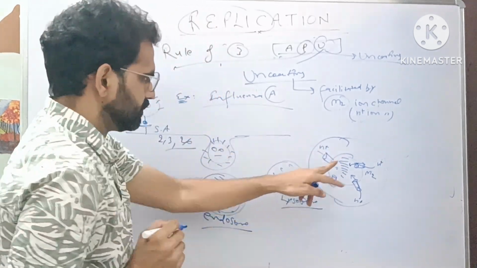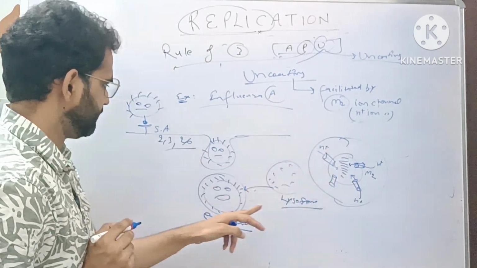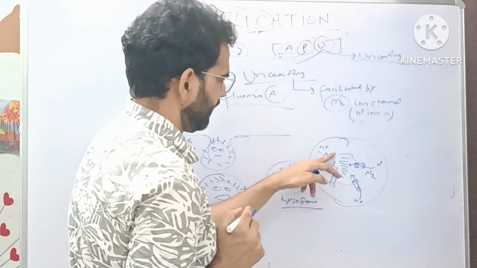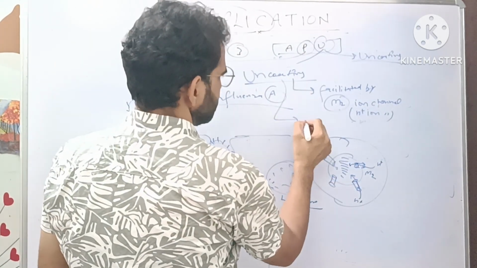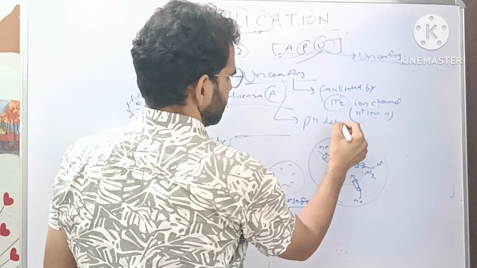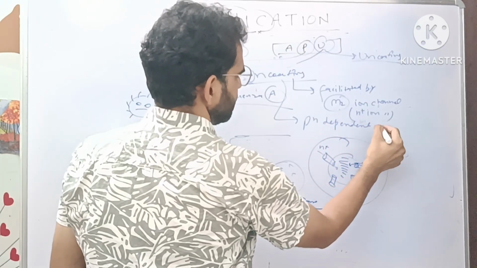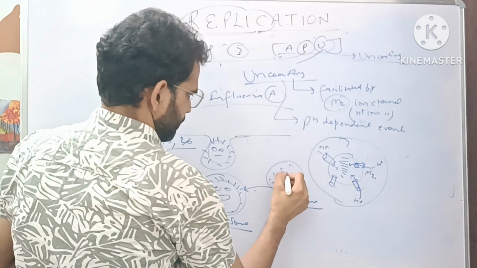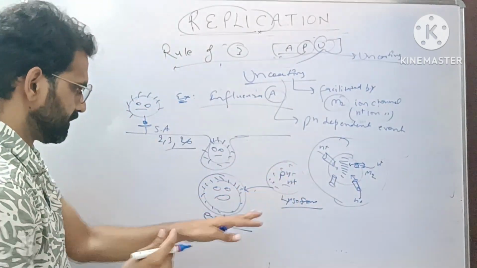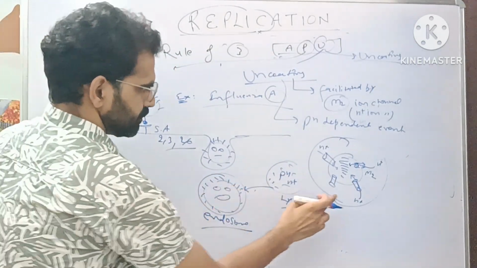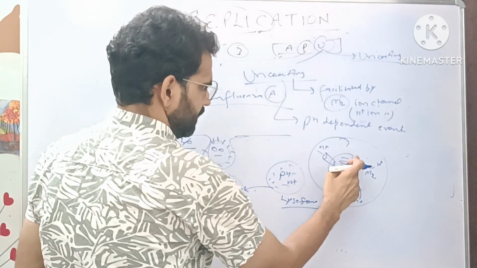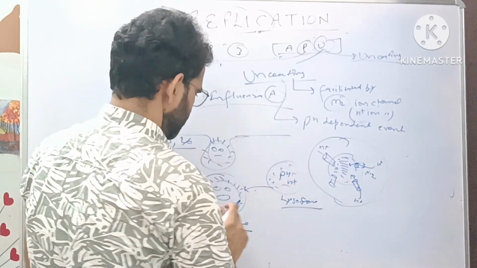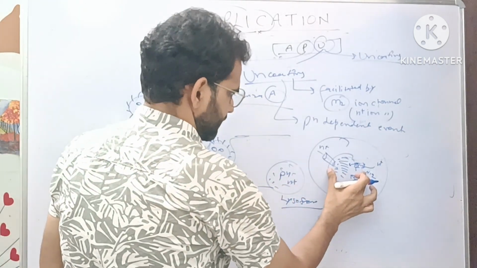H plus. So protons come inside this virus core, and because of the acidification, this uncoating is a pH dependent step, a pH dependent event. So the pH of lysosome, the H plus content, enters into the virus through the M2 ion channel, proton channel, and makes the interior of the virus very acidic.